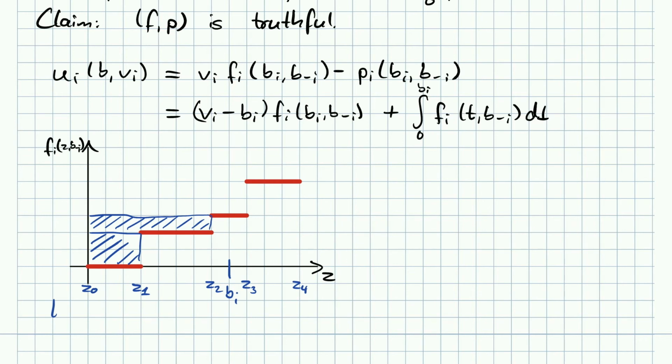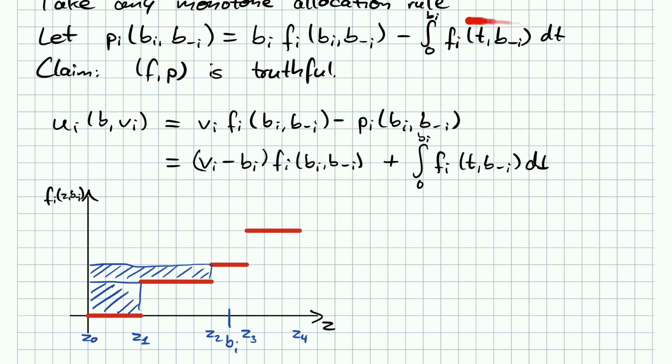So as you see here, this area above the curve, this is exactly this expression here. So this is the payment that we're setting. Now what will be my utility? This now depends on whether I bid truthfully or not.